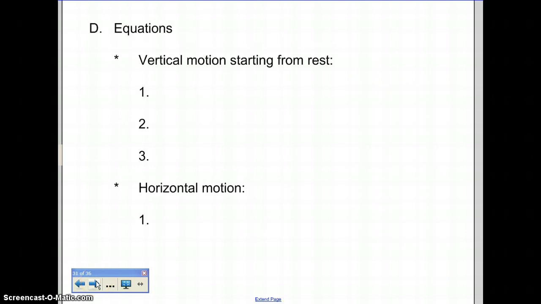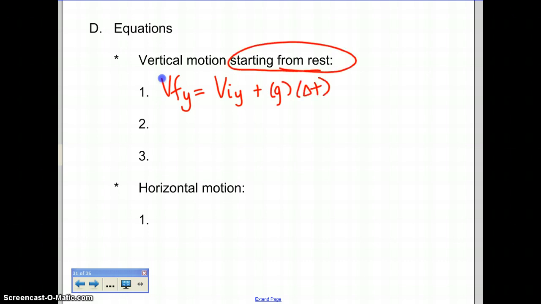So the equations that you want to look at for vertical motion when you're starting from rest. Now, once again, I've stated you're going to use the same exact equation, so don't write this down yet, just watch it. So initially you have vf in the y direction equals vi in the y direction plus g delta t. Well, if you're starting from rest, what about your vi, like for every equation, guys?